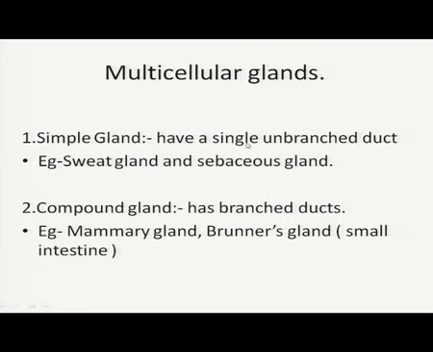Since it has a single, unbranched duct, this type of gland is known as a simple gland. Examples are the sweat gland present in the skin and the sebaceous gland, again present in the skin. These two are typical examples of simple glands with a single and unbranched tubular duct.